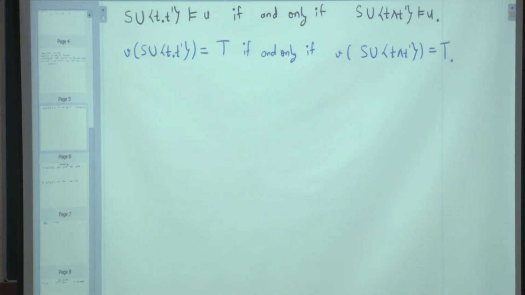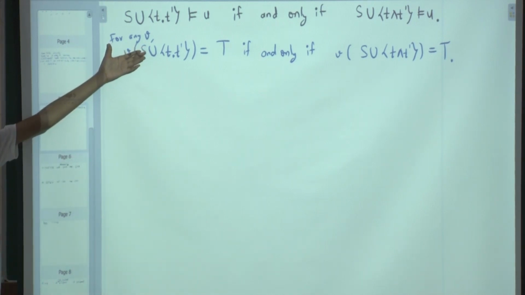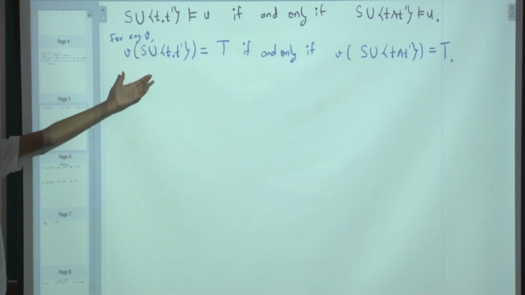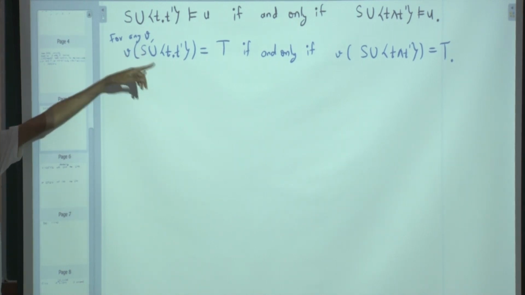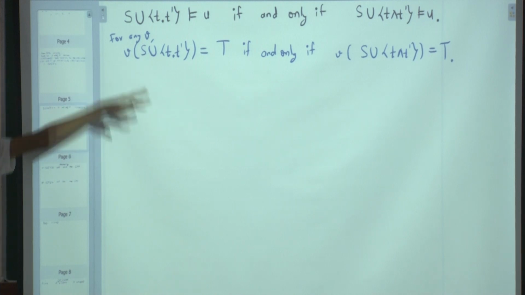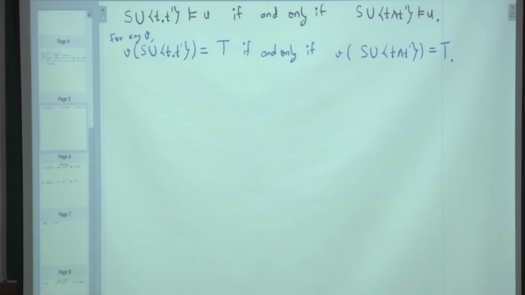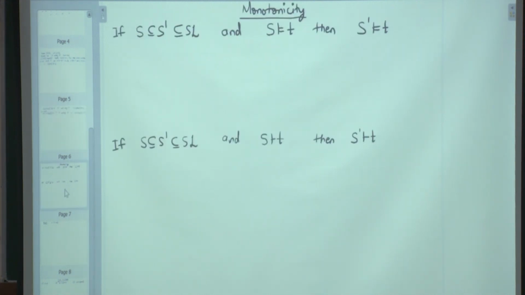And then the rest is easy. So this is for any V. Right, so whenever the left hand side is true here, then U is true. If you assume that, then whenever the left hand side of the right hand side is true, then U is true, and vice versa. Okay, so nothing to do here.